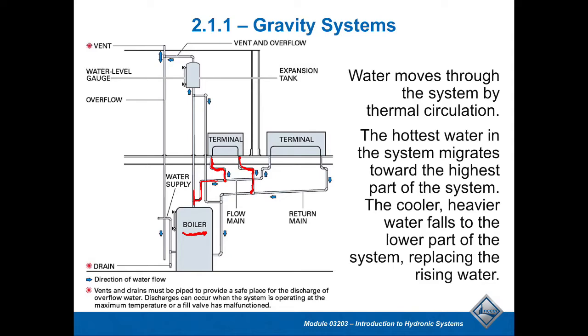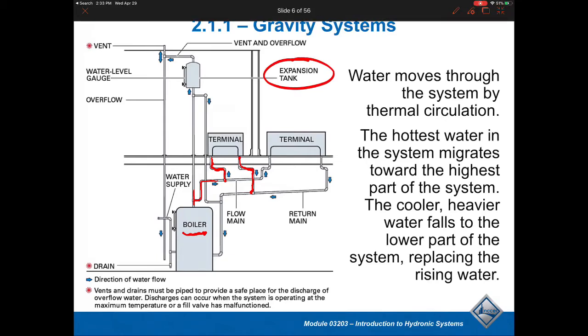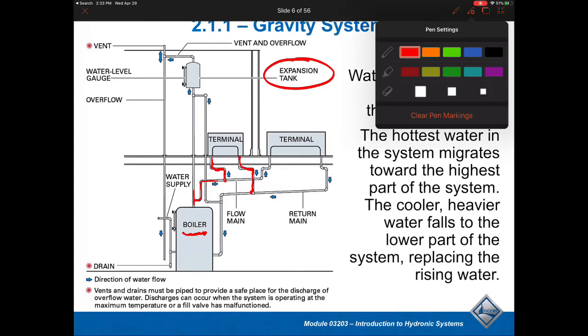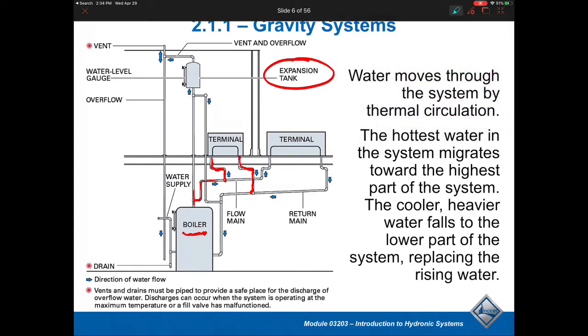On this system here, we're also relying on what we're going to call an open expansion tank to some extent. That is in the top part of the system, and it allows for the safe expansion of the fluid or the water in my system.